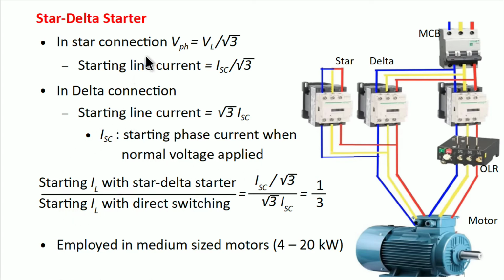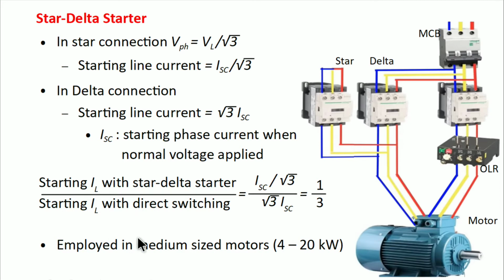Now if we take the ratio of the starting line current of the star connection and delta connection, it is ISC over root 3 divided by root 3 ISC, which yields 1 over 3. This means that by connecting the motor in star at the time of starting and then in delta under running conditions, we can reduce the starting current to one third of its value.